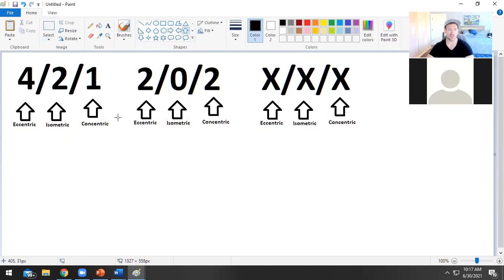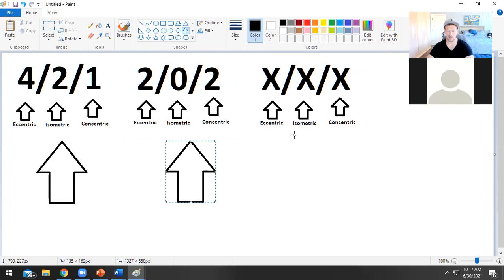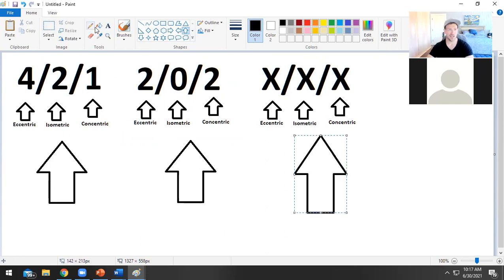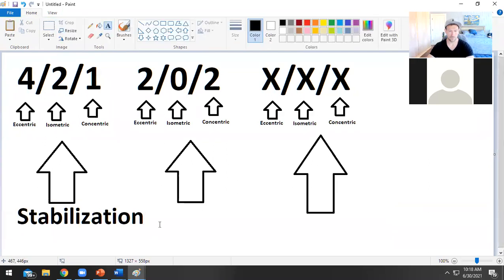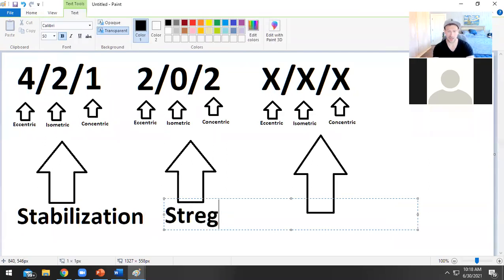So we can think of this versus this versus this. We can think of it as stabilization. We can think of this one as strength, hypertrophy. That's a fancy way of saying muscle growth.